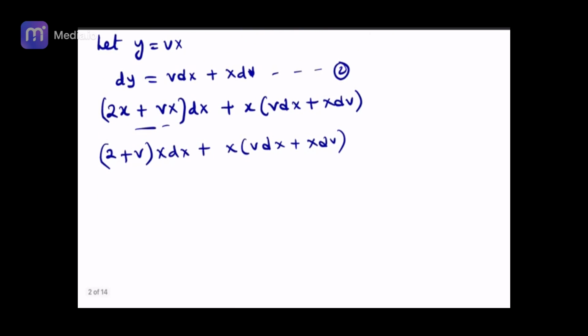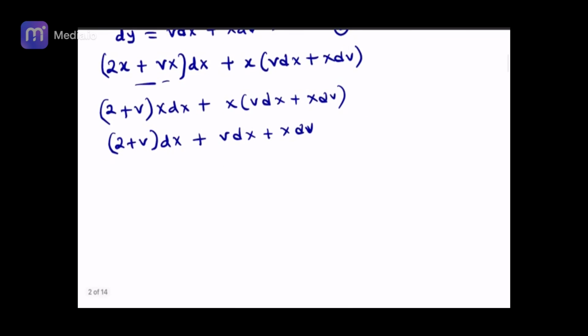If we divide through by x, we'll have (2 + v)dx + v dx + x dv. Here, we have succeeded in simplifying it further. So we can collect all the terms that have dx to one side, so that we have (2 + v + v)dx + x dv = 0.